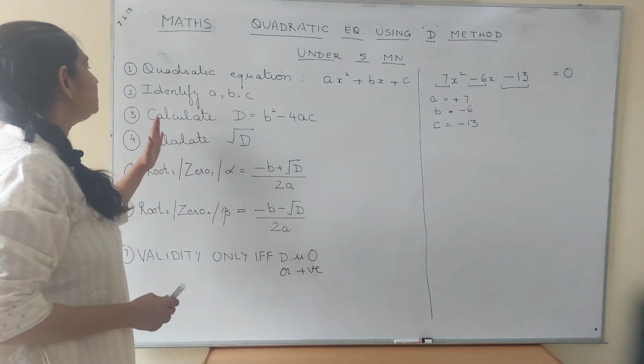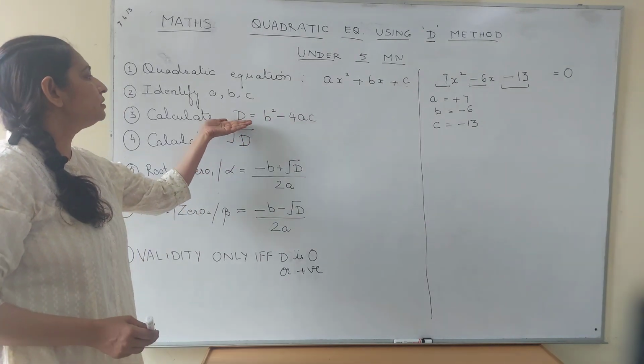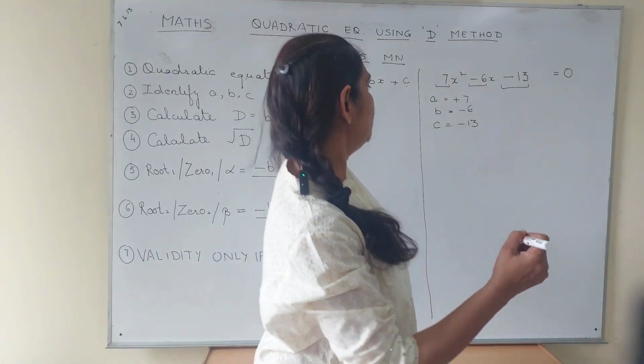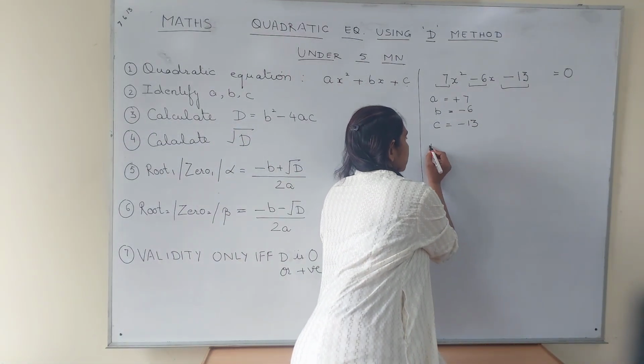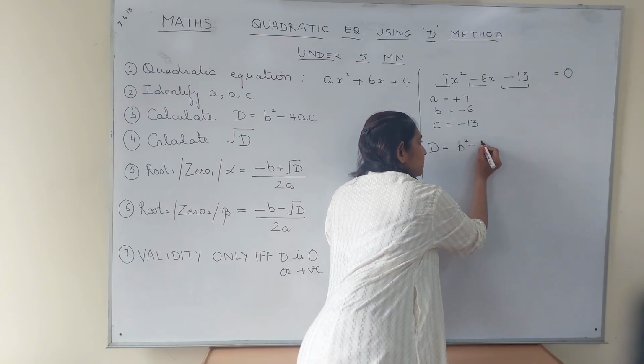Then the second step is to calculate b² - 4ac, which is denoted by a capital D. Simple, not much to be done. The formula is b² - 4ac.